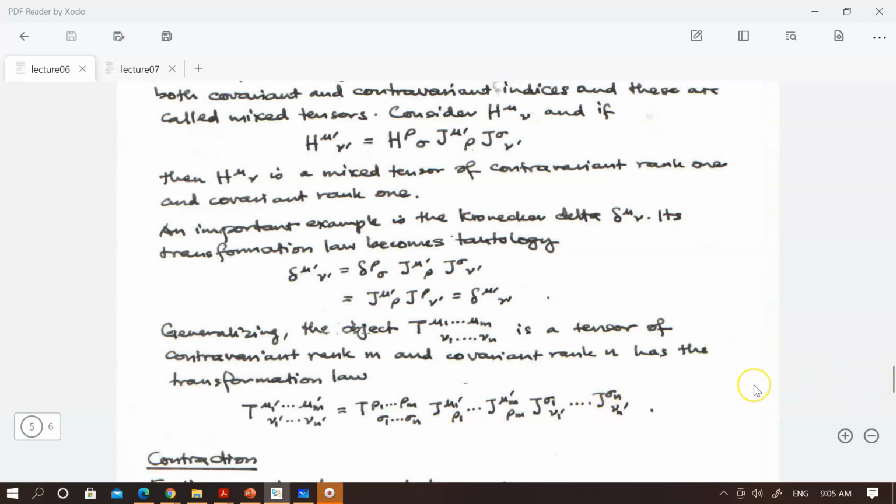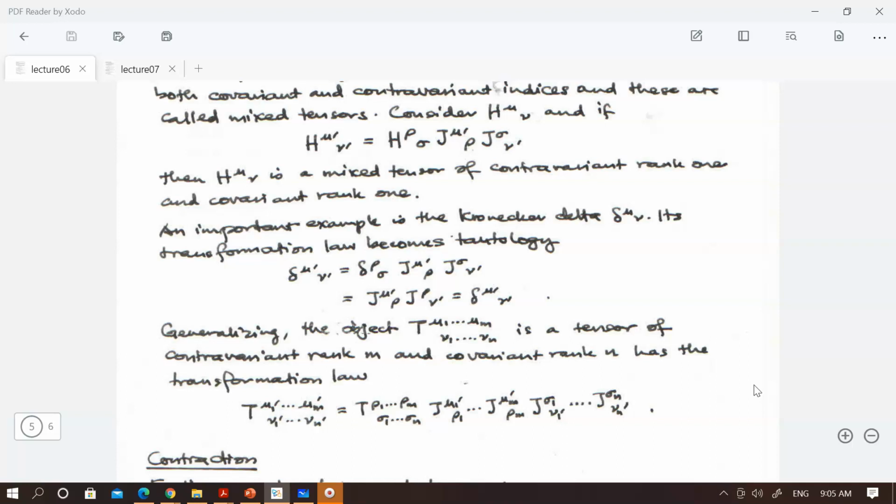The way we construct tensors is using a tensor product. You take two vectors and then you tensor product them. So in that particular case, the covariant vector and the contravariant vector are special cases of tensors. They are tensors of rank 1.